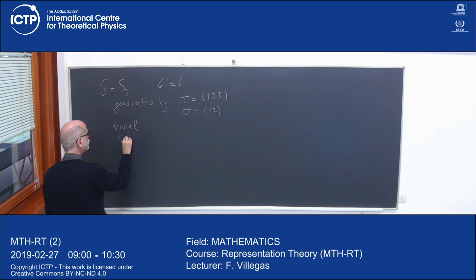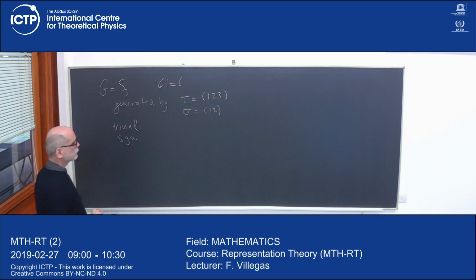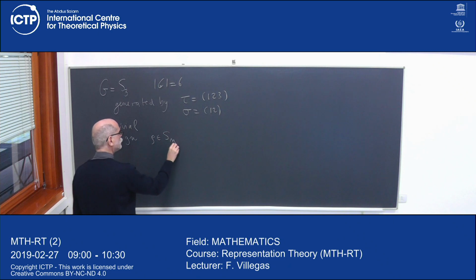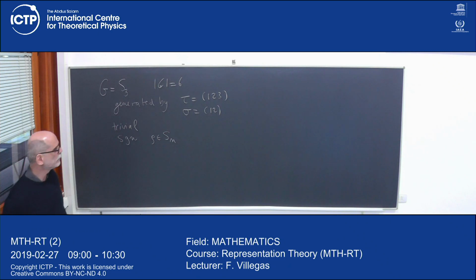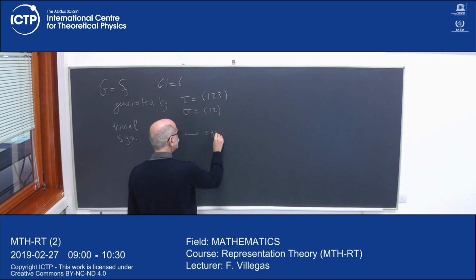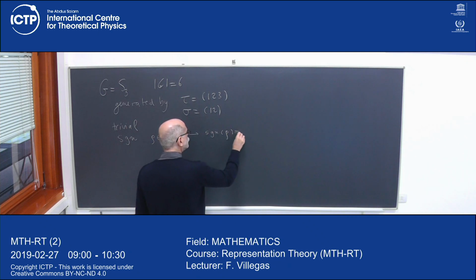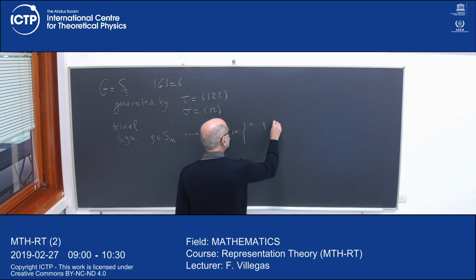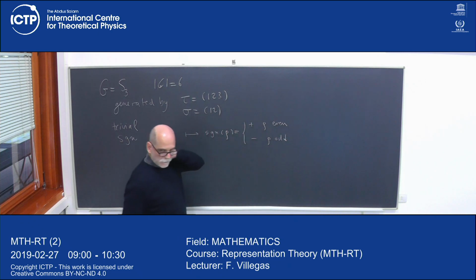This is what we'll call the sign representation. You take a permutation rho in general in the symmetric group of n elements, and you can attach to it the sign, which is plus if rho is even, minus if rho is odd. You must have seen this in algebra.